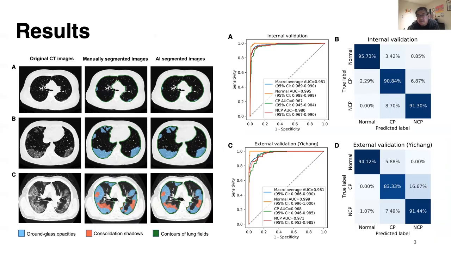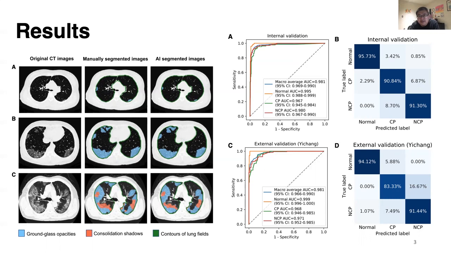The middle column are the manually segmented CT slices, and the right column is the AI-based automated segmented CT slices. Row A is a CT slice with mild COVID-19 lesions, defined as small ground glass opacities of bilateral lung involvement.